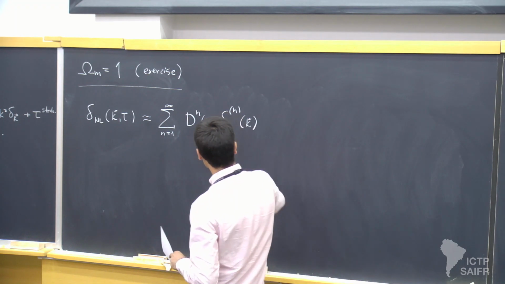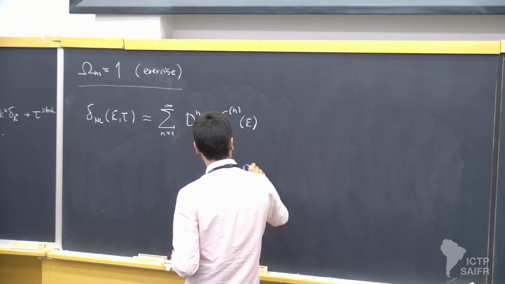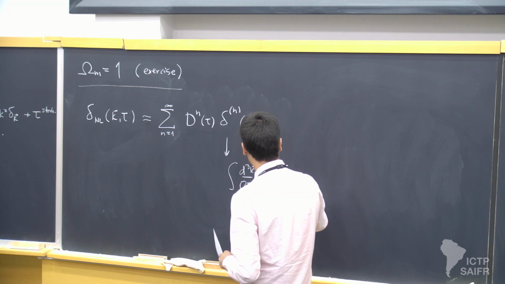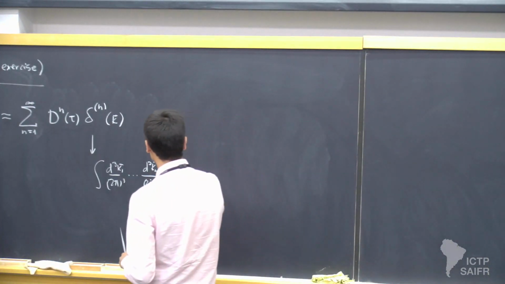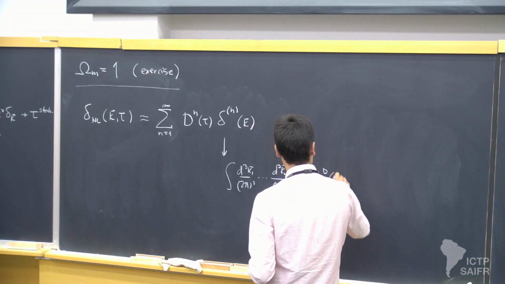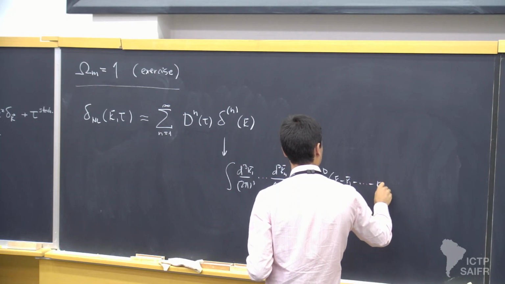So all of these can be written as an integral d^3k_1 over (2π)^3, and so on, d^3k_n over (2π)^3. There is always this factor of (2π)^3 delta of k minus k_1 minus ... minus k_n.